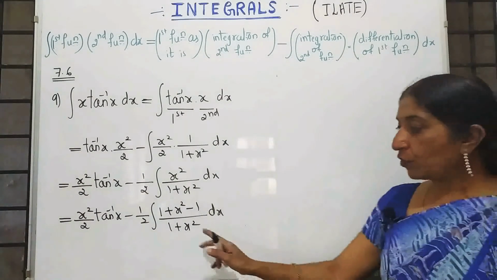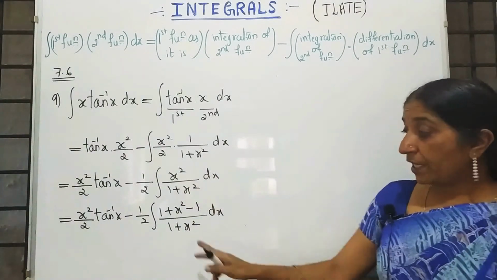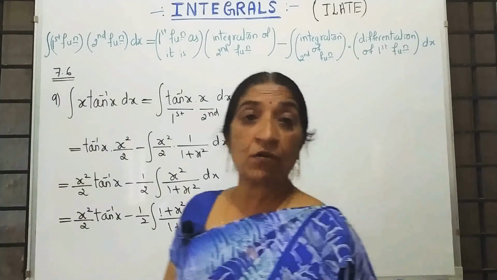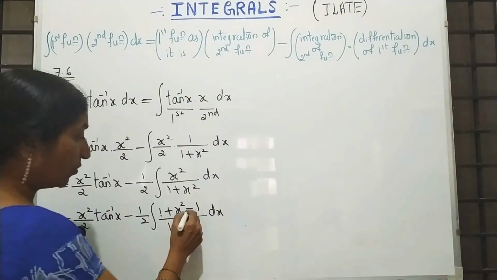Here it is improper, so without division I did the adjustment, addition and subtraction of minus 1. This is one more method of converting improper into proper.